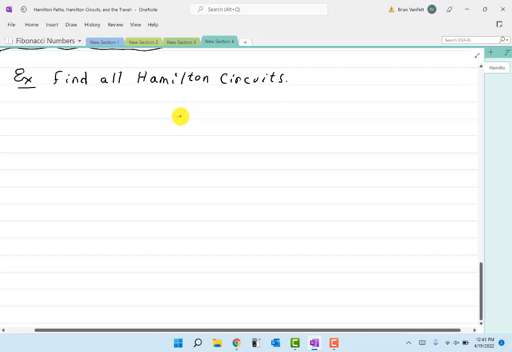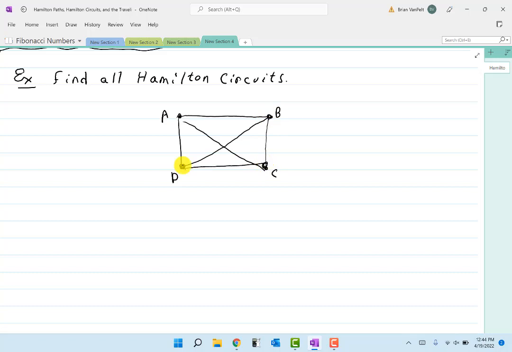And I have a complete graph here. My graphs are getting a bit lazy, so let me make these bigger. All right, so now try to look at how we can visit all of these vertices.